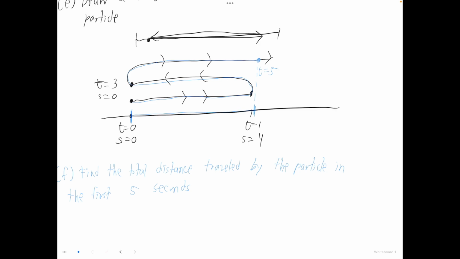But notice I backtracked for some of the time. From 1 to 3, I was going backwards, and that's not captured by the distance from 0 to 5 if I just do s of 5 minus s of 0. That's just capturing the total displacement, how much we've changed from where we started. But we want the actual distance, so we have to consider when we're moving forwards and backwards as separate situations.